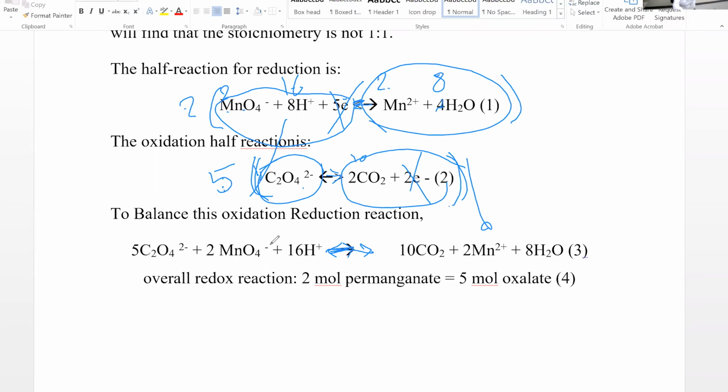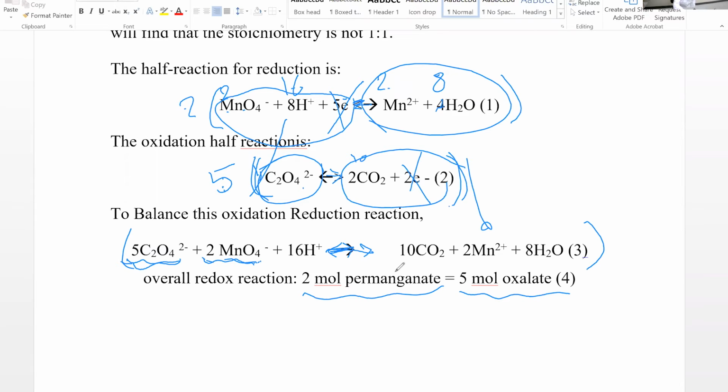So the electrons would cancel each other. When you get the balanced equation, after you cancel the electrons and add the 2 half reactions together, we see that for every 2 permanganate, we need 5 oxalic acid, or for every 5 oxalate ion, we need 2 permanganate. So the ratio for this reaction is 2 moles permanganate for every 5 moles of oxalate.